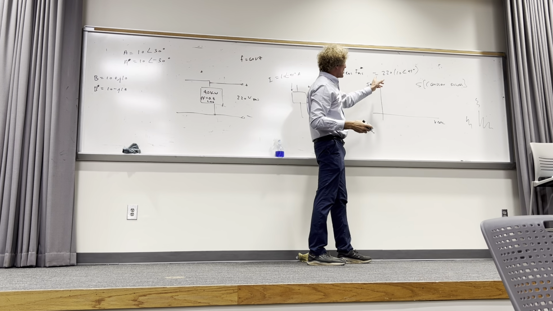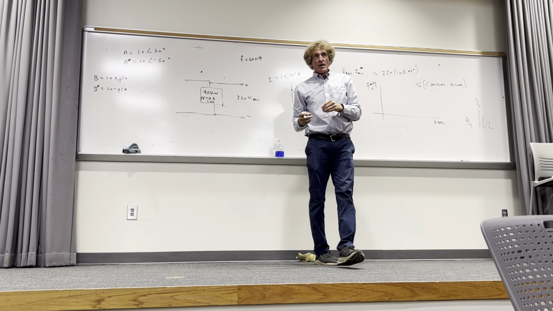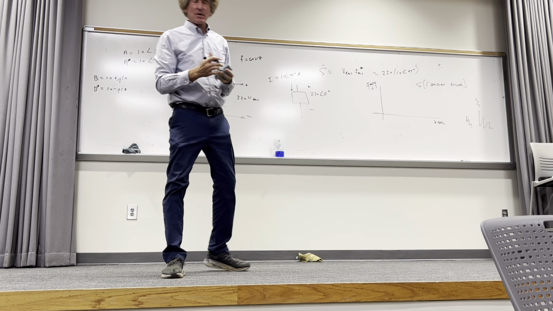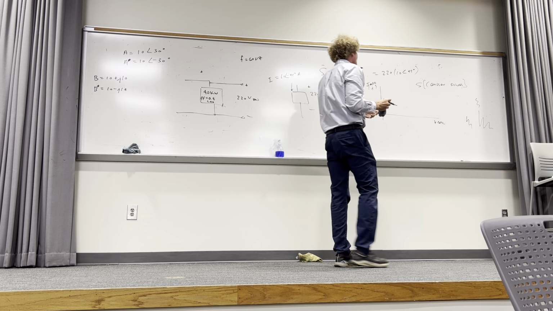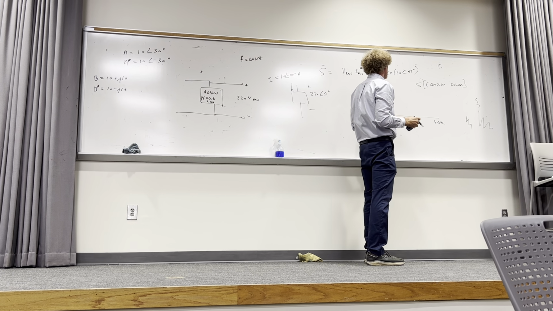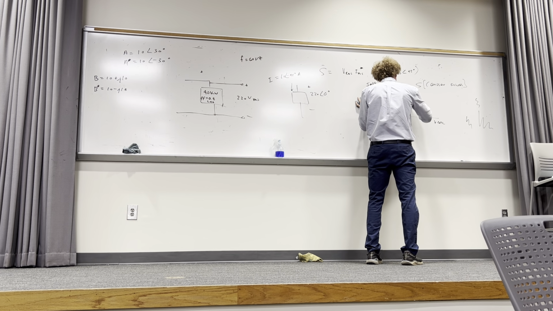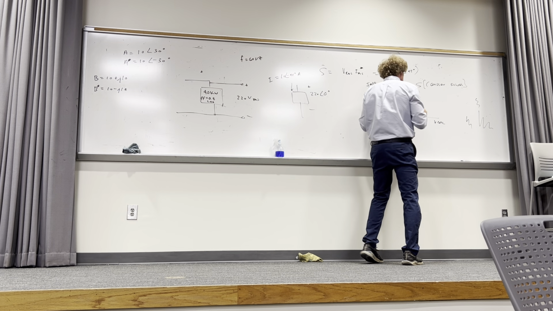It would have a magnitude of 2,200. Can everybody see that? 10 times 220. That's at 45 degrees, so you would draw a line out here with a magnitude of 2,200 and an angle of 45 degrees. This is the complex power.